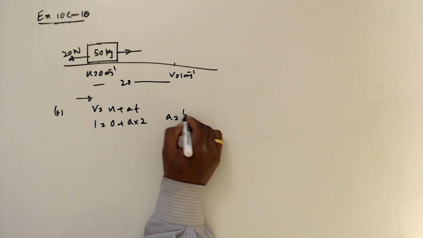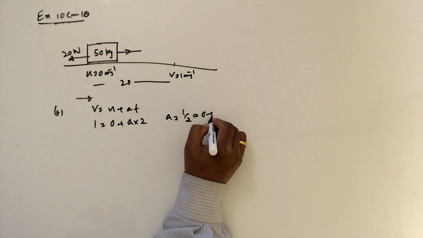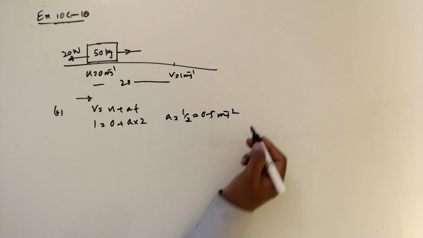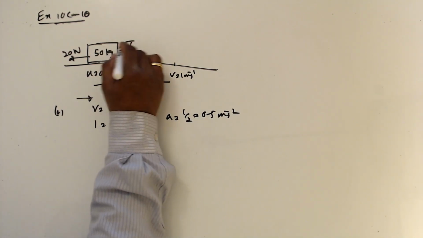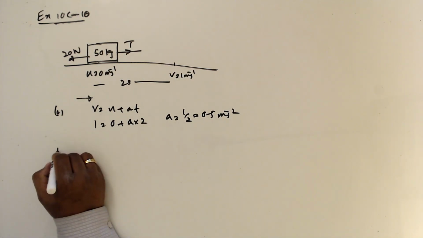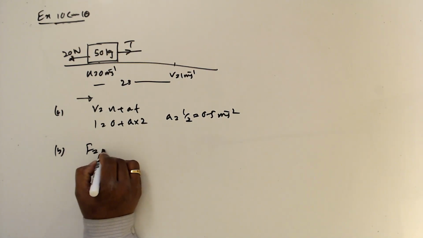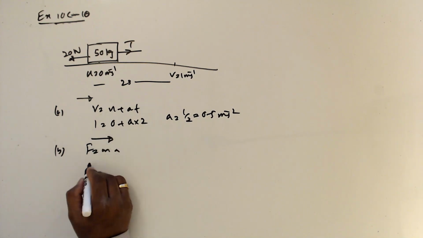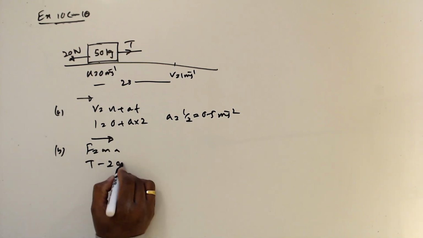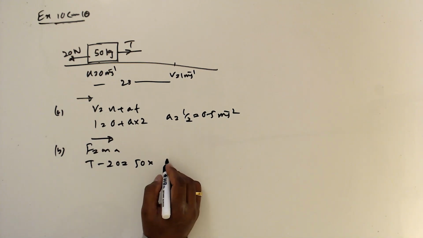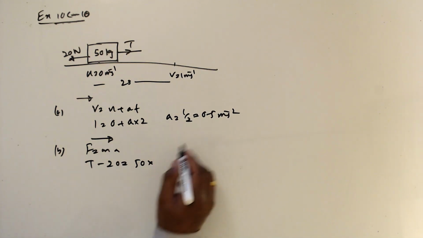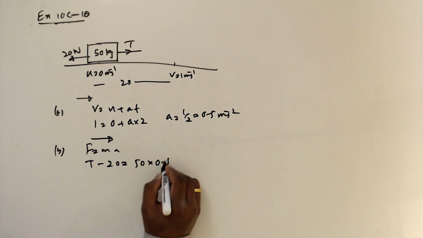So a is half, or 0.5 ms^-2. Part B, the tension of the rope, which is T. F equal MA, when you put this direction, T minus 20 equal 50 times A, we found out 0.5.